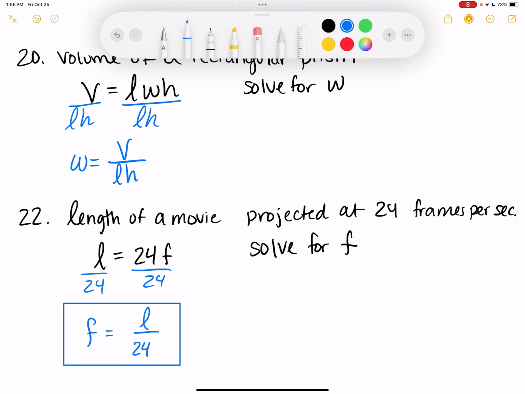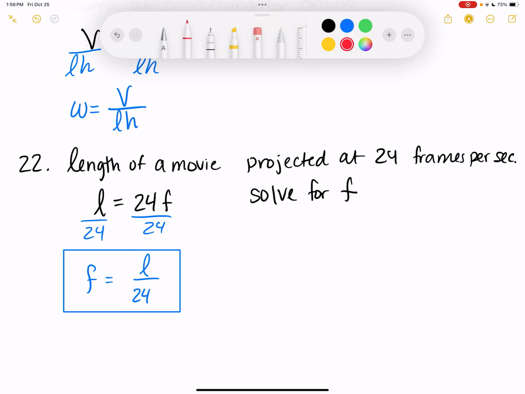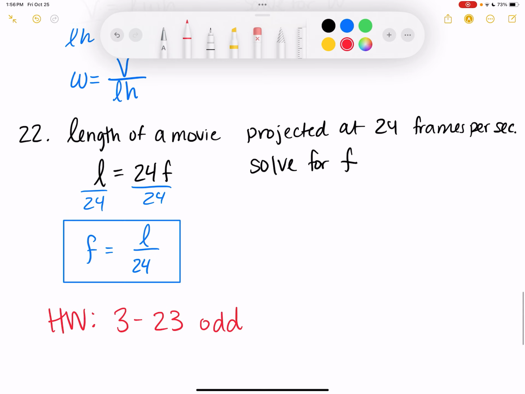All right. Any questions on any of that? All right. Then your problems are 3 through 23 odd. Number 9 is a describe and correct the error, so figure out what they did wrong.